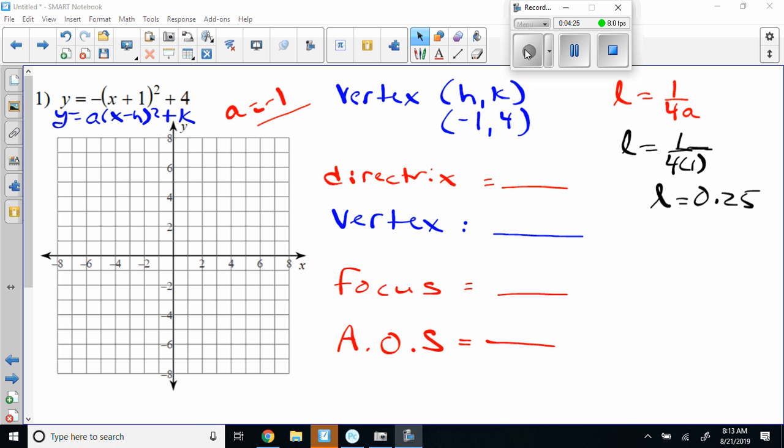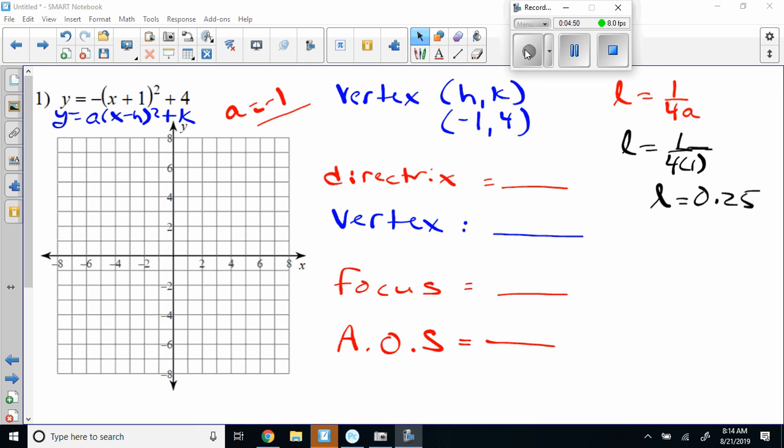It's in order, right? I mean, this thing is opening down. So therefore, if this is opening down, then we've got this scenario, right? Which means the directrix is up top, then the vertex, and then the focus, right? So that's going to make it a little bit easier for you when we do this.